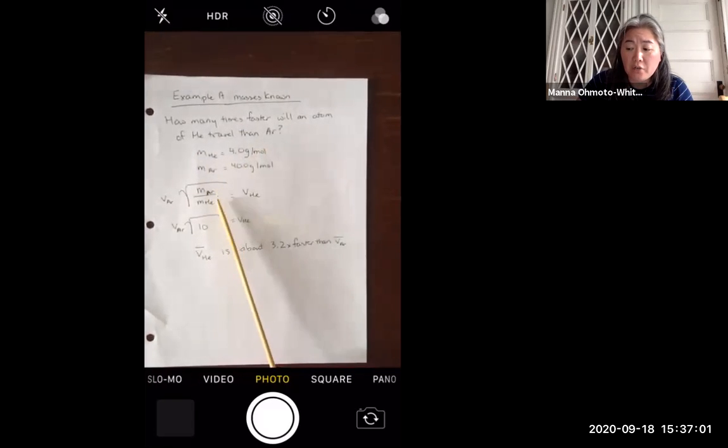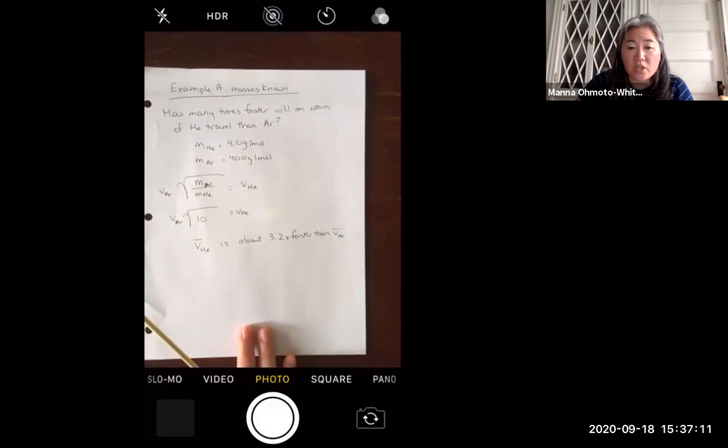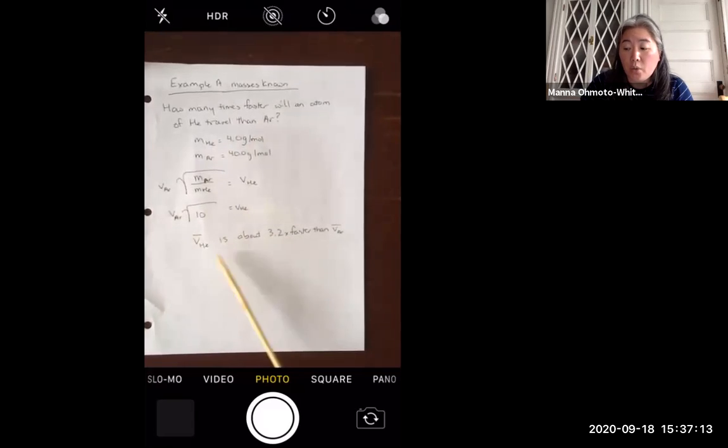So I place argon over helium, 40 over 4, which is 10. So the velocity of helium is going to be the velocity of argon times the square root of 10, which is about 3.2.